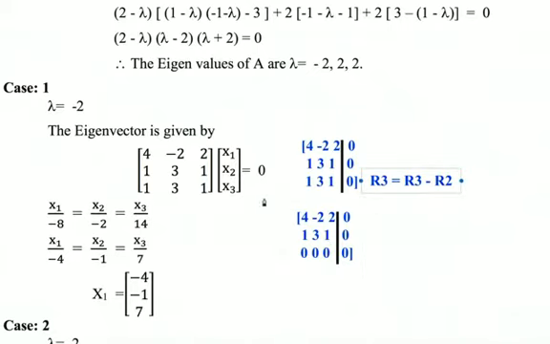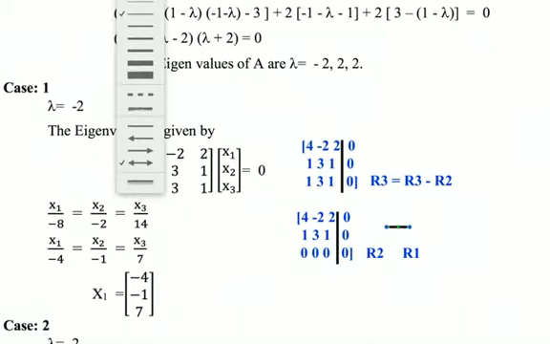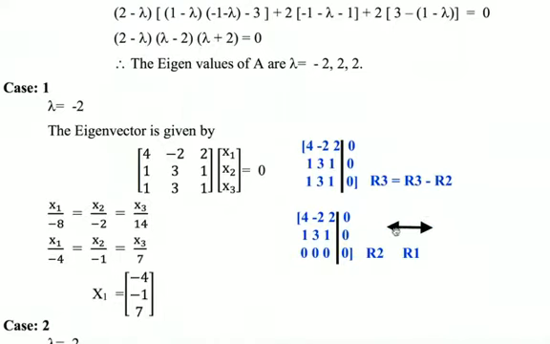Now I will interchange the rows R2 and R1. What is the symbol for interchange? One line with a double-ended arrow.